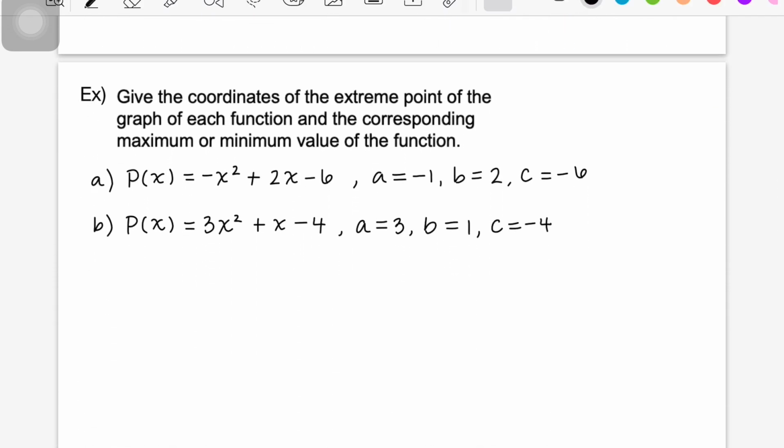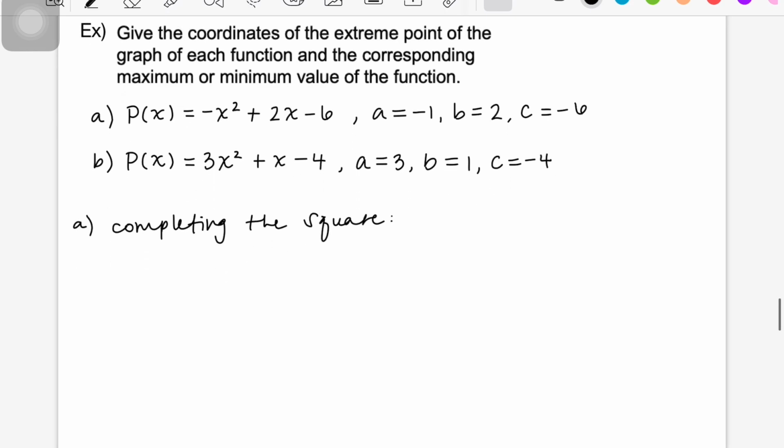So for example a here, we're going to find that by completing the square. So we'll follow what we did in the very first example. We'll follow that 6-step process. Notice in this function here, we have a negative a value.